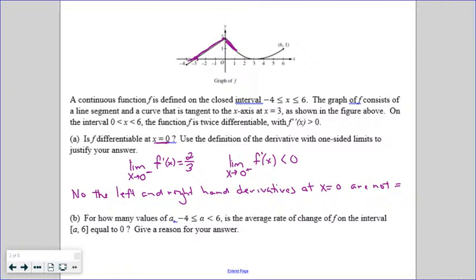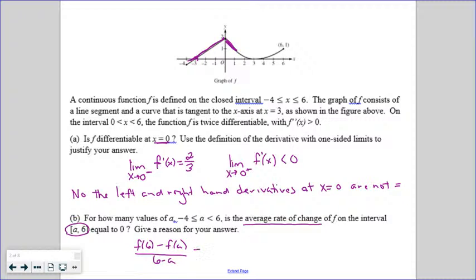Part B, for how many values of a from -4 to 6 is the average rate of change of f on the interval from a to 6 equal to 0? So average rate of change, let's remind ourselves, that's your slope formula, and we're supposed to go from some a to 6. So we would have f of 6 minus f of a over 6 minus a.